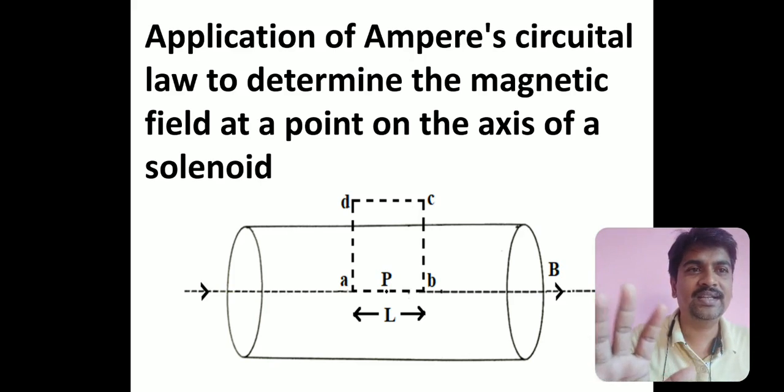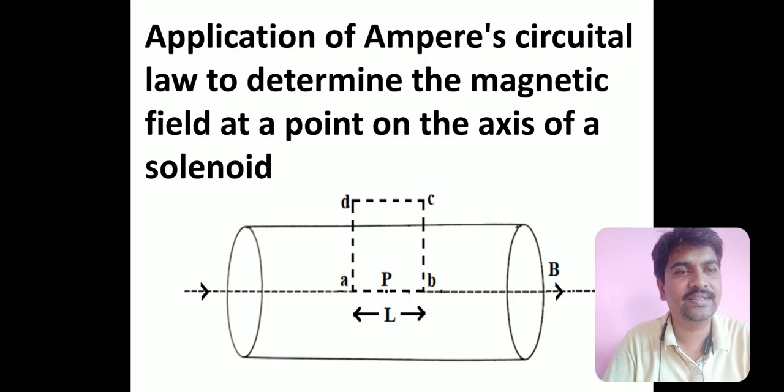So for my calculation, I am drawing a rectangular surface which will be very easy for calculating the line integral of B dot dl. This time I am drawing a rectangular surface ABCD, and its length is L, which is clearly mentioned in the diagram.